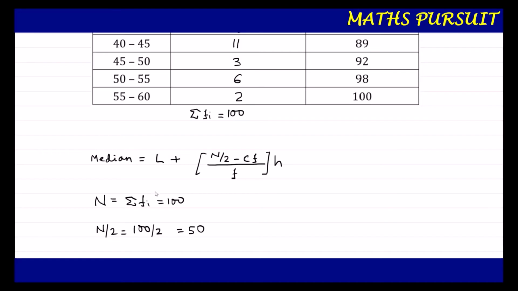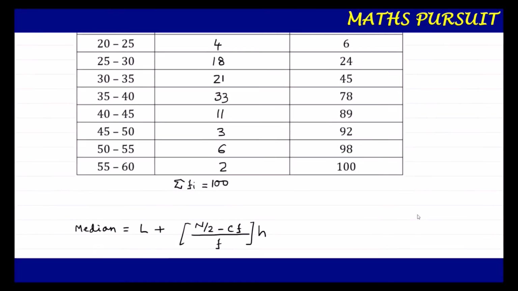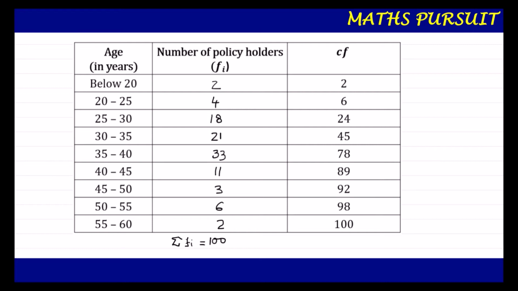Let us look into the table once, so that it would be more clear. If you look at this statistical table that they have given, we got n by 2 as 50. Now we need to determine the median class.